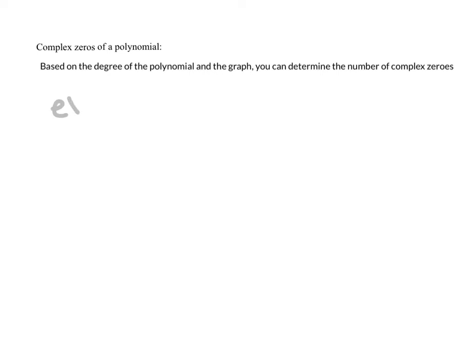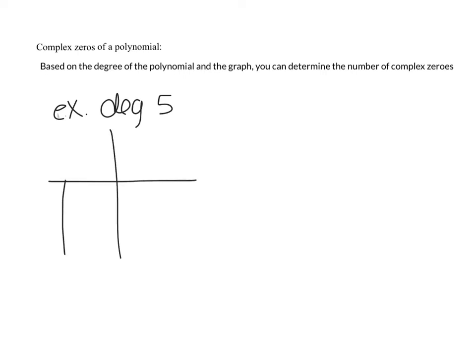Suppose I have a degree 5 polynomial, and let's say its graph looks like this. I want to know how many complex zeros it has.